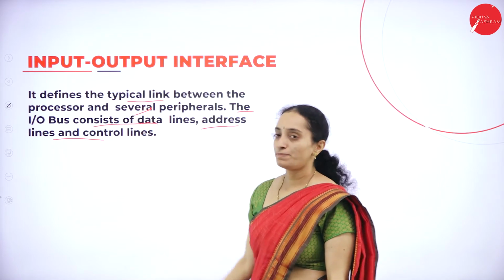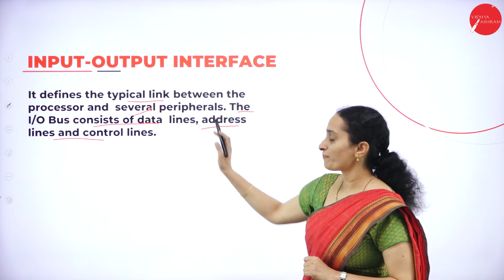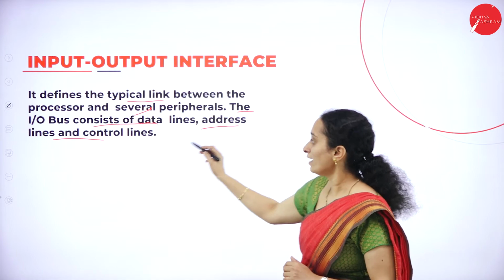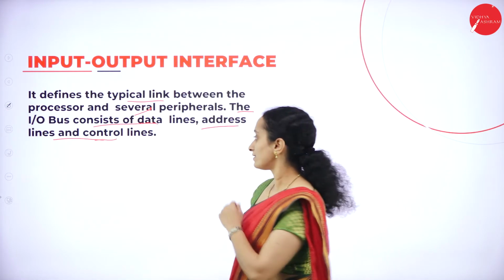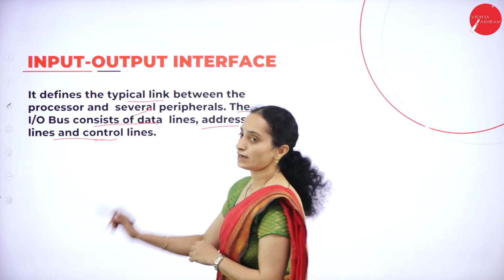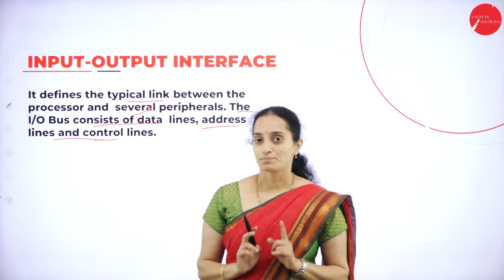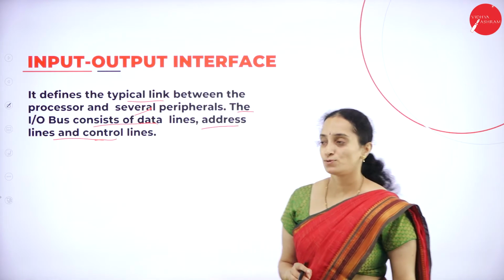The data lines help in the transfer of data, the address lines help in communication of the address, and the control lines control the overall processing of the data within the computer.